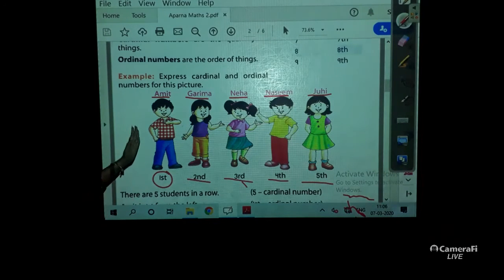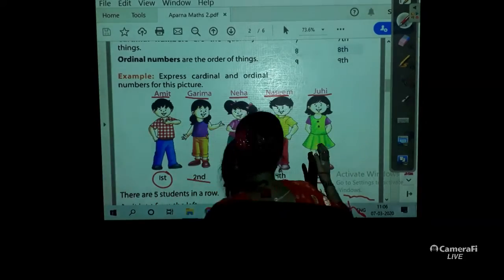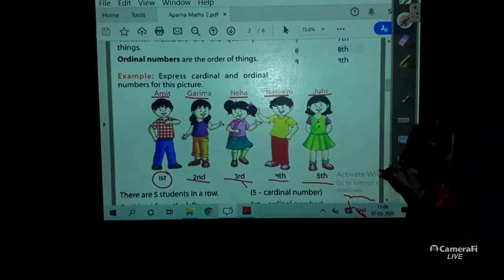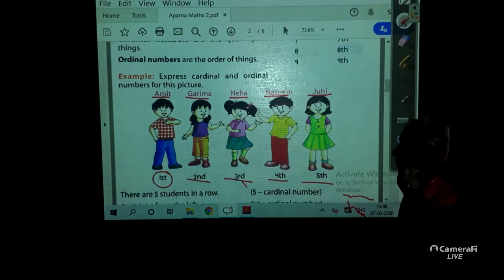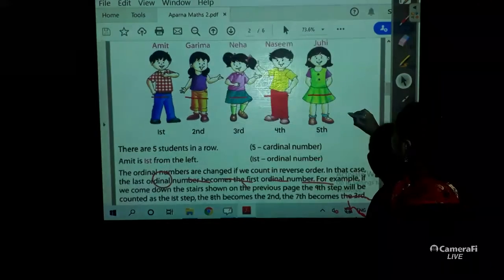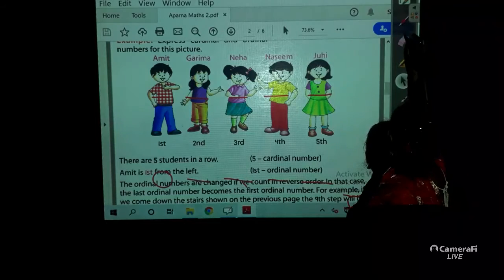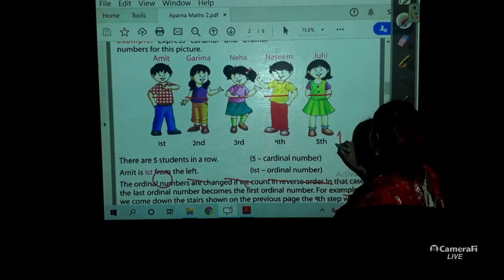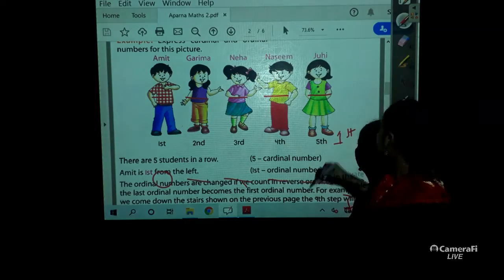It is from our top left. From top left, Amit is first, but if I take this standing position from my right, she will be in first position. Okay.